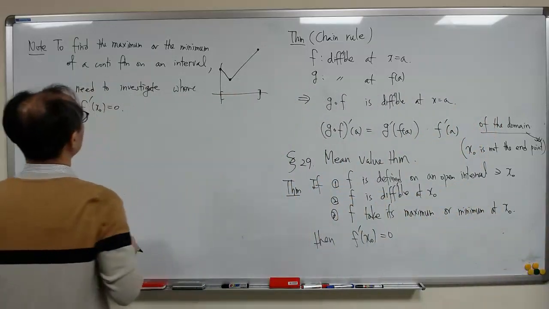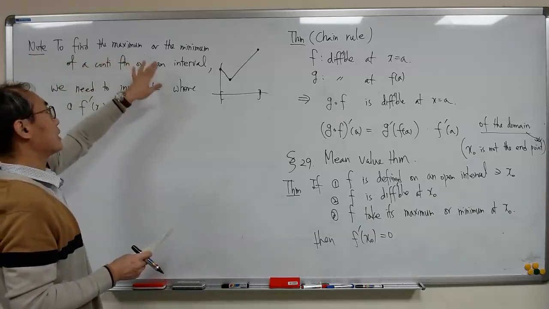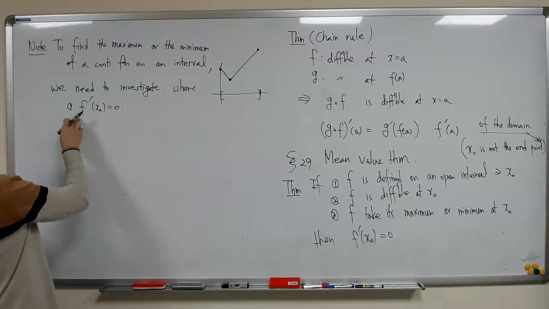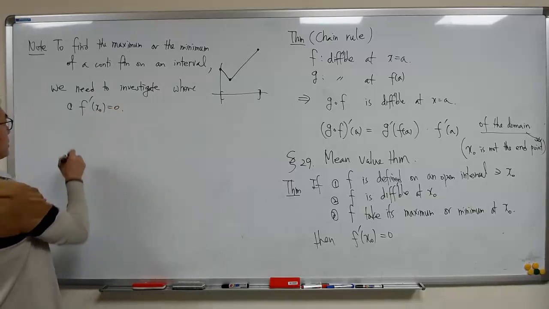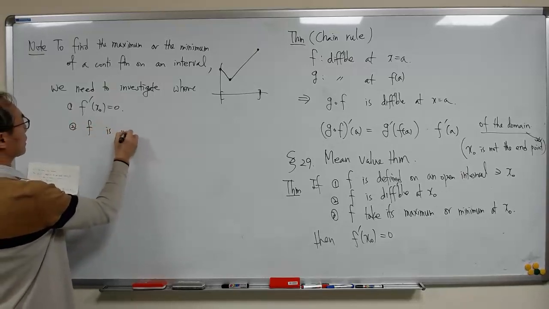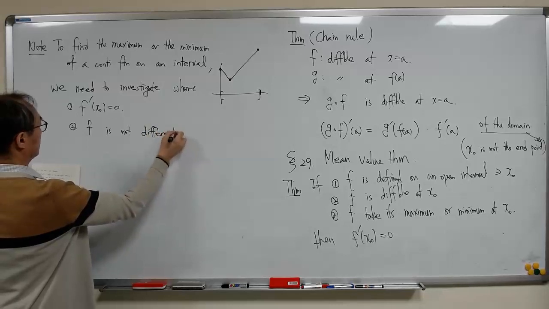So if you want to find out the location of the maximum or minimum, you need to investigate the point where the derivative vanishes, or the function f is not differentiable.